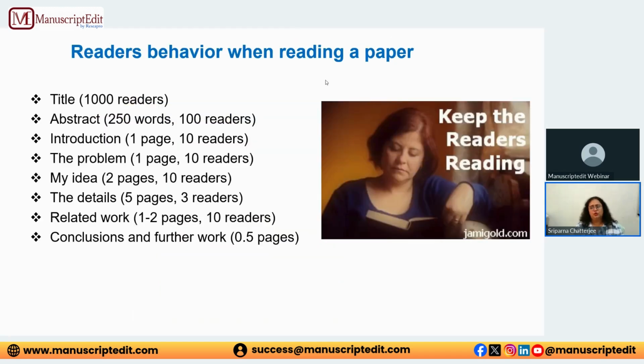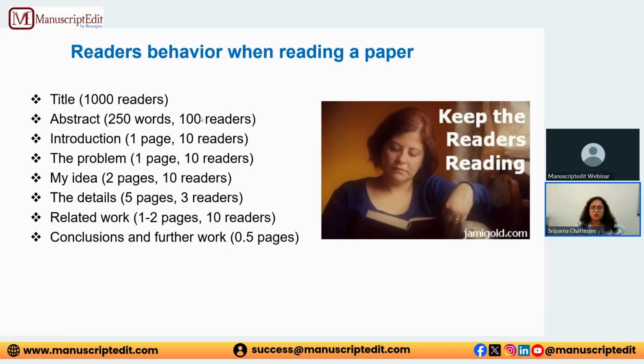So now let us see from the reader's perspective. When we read a paper, what is the typical number? It is seen that generally 1,000 people read only the title. Now if your abstract is about 250 words, then 100 people will read.